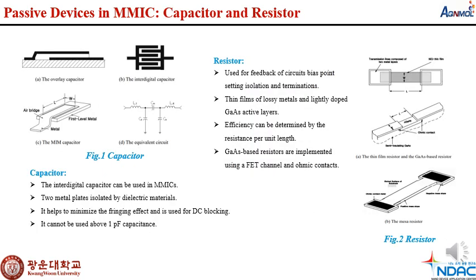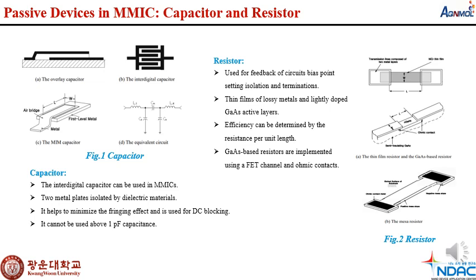In this slide I will talk about passive devices in MMIC technology, for example the capacitor and resistor. For the capacitor we can see in figure 1 there are some diagrams, and the MMIC capacitor has high capacitance per unit area. The interdigital capacitor can be used in MMIC technology.